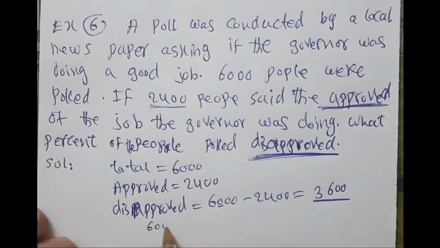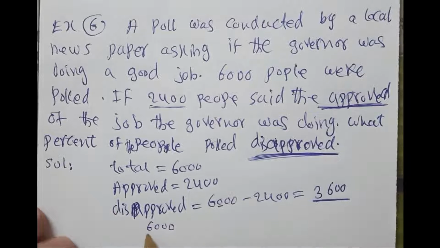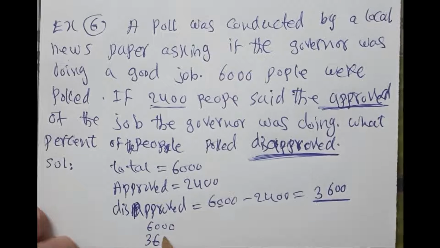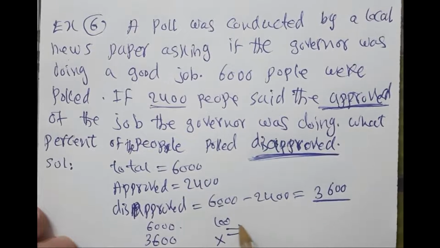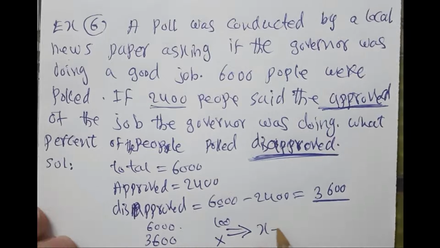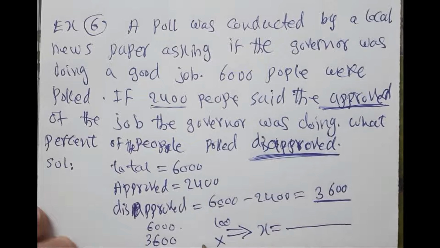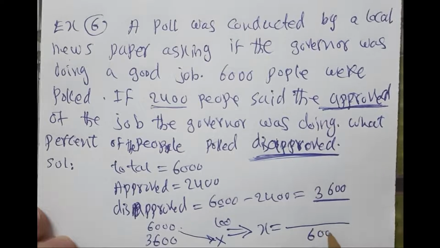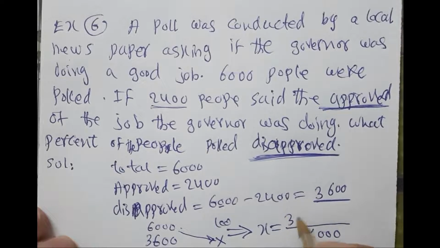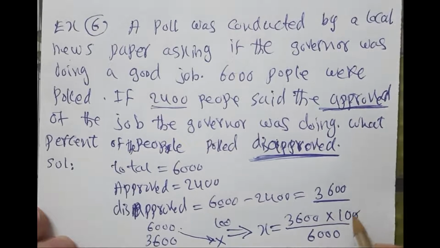The whole number is 60,000. Part is 36,000. It is 100. The percent is unknown. X is equal to 36,000 multiplied by 100 over 60,000.